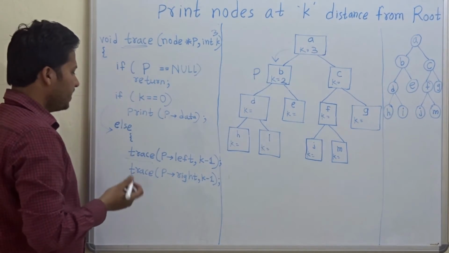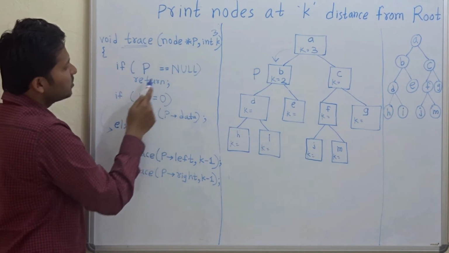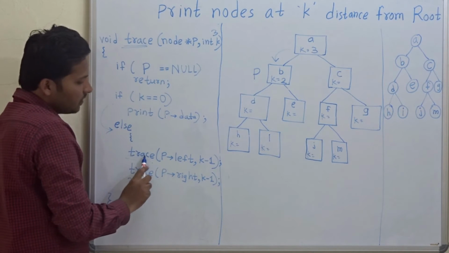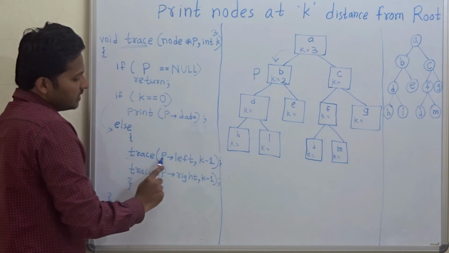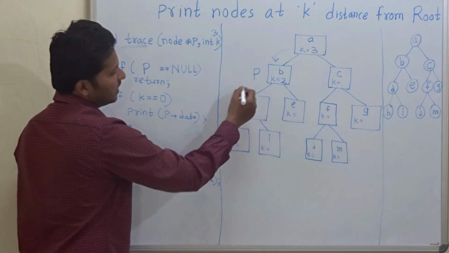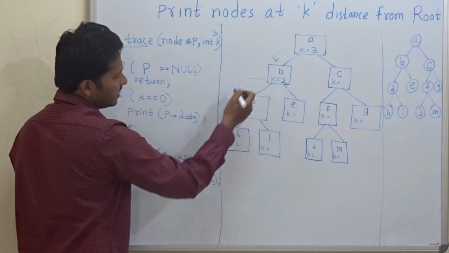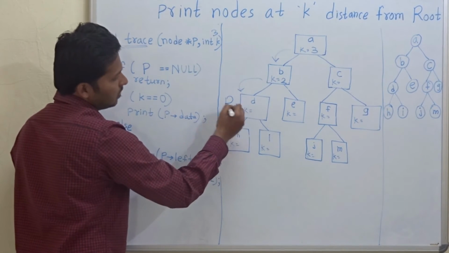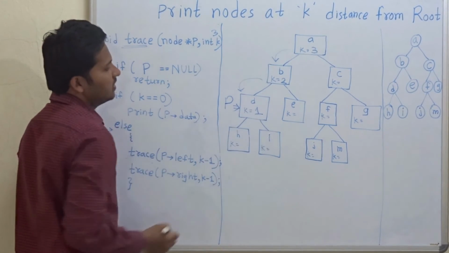Now let's go ahead. Inside this trace function again, p is not equal to null, k is not equal to 0. Then again we go into this trace function, that is trace p points left comma k minus 1. So again p will point to the left of the current node, that is B. So p will point to D and k will become 1 here.